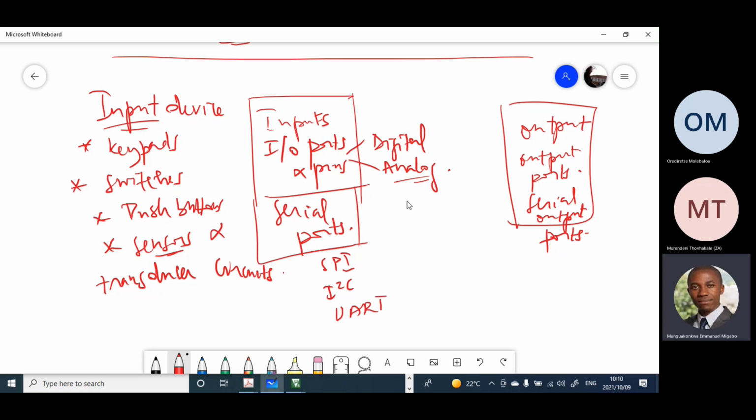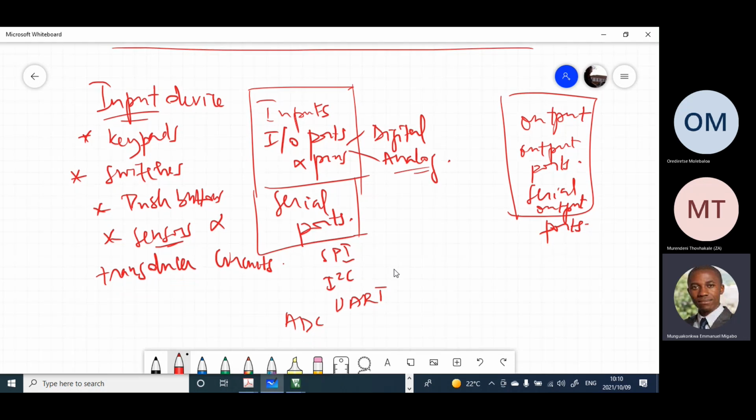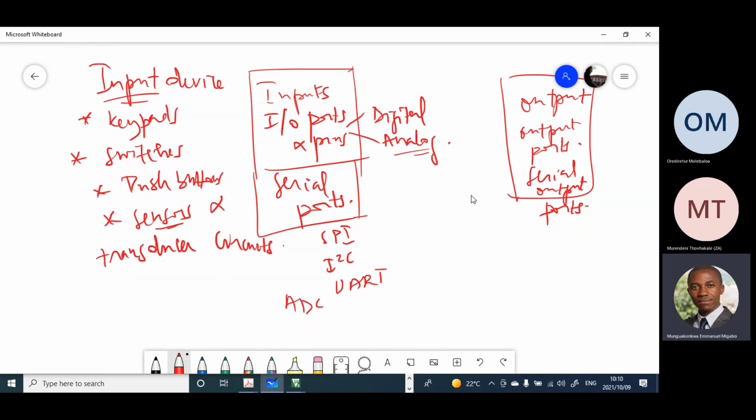And besides that, what else can we consider an output module in a microcontroller? By the way, here on the input side, before I forget, the ADC is an input module because it's a module through which the analog data comes in. It's converted to digital format before it's given to the CPU.